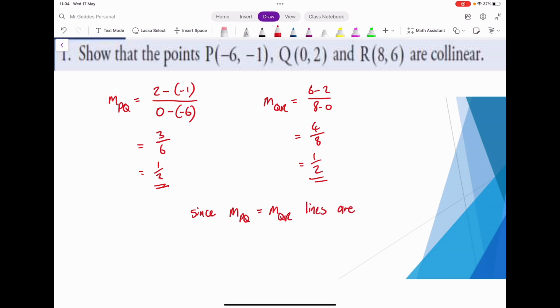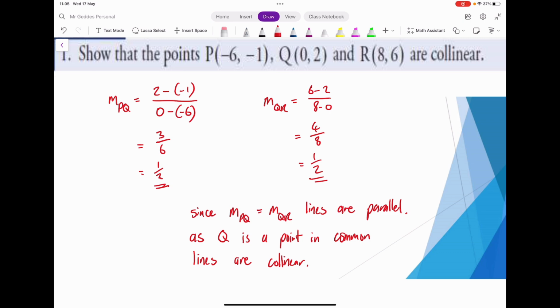lines are parallel, we're going to mention the point, and it's as Q is a point in common, lines are collinear.